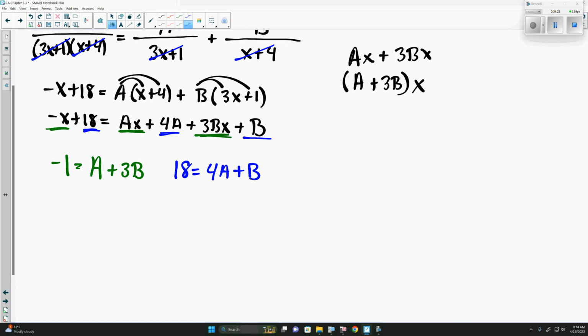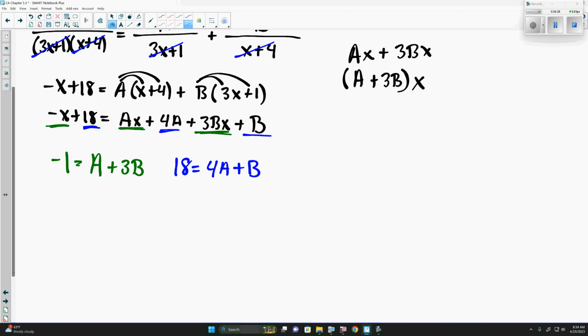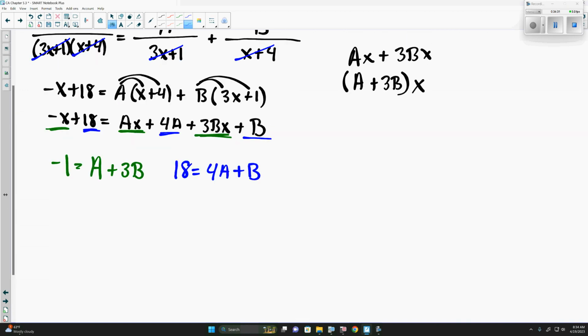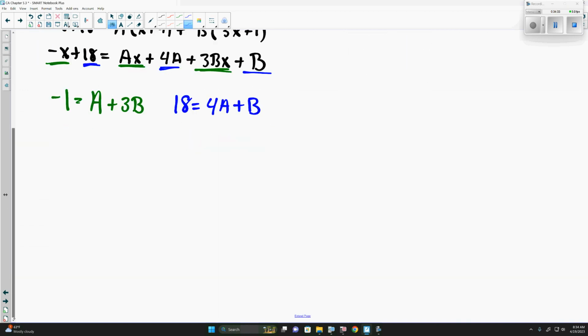Now the question is, do we want to solve for a or b first? Or which one do we want to eliminate first? I'll just say a. And to do that, we'll need to get the a's to be the same.